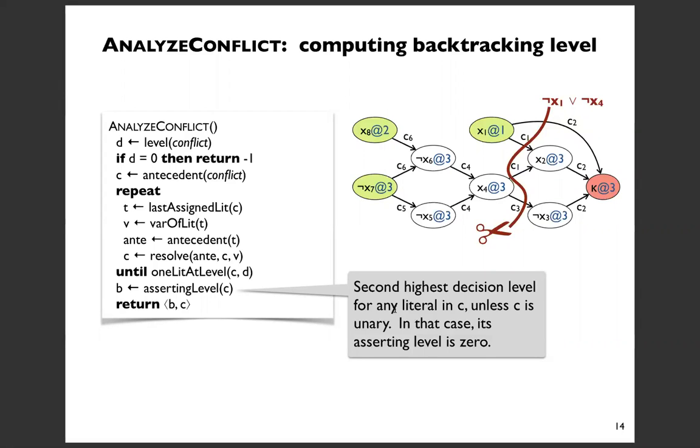And the decision level is as described here. You look at all the literals in the conflict clause other than at the current level, and pick the one that is latest among the decision literals, whose decision was made earlier than the current level. So those are the two important things.